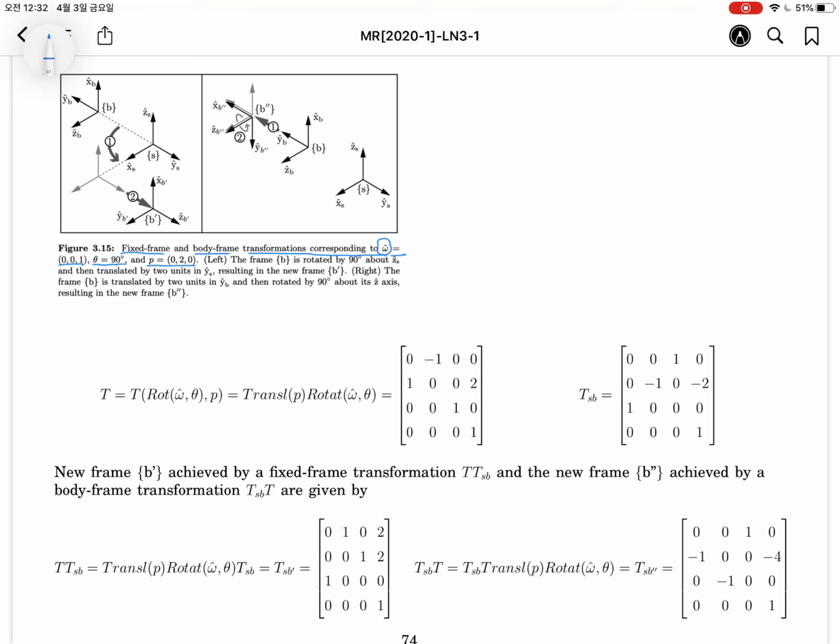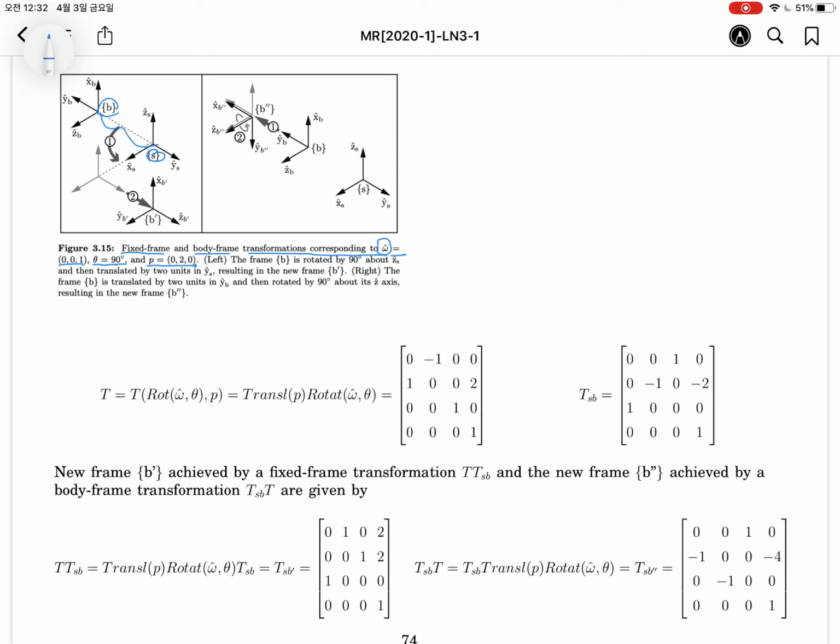Is it right? Okay, this is the S frame. Here is the body frame, and this is the 2 units.